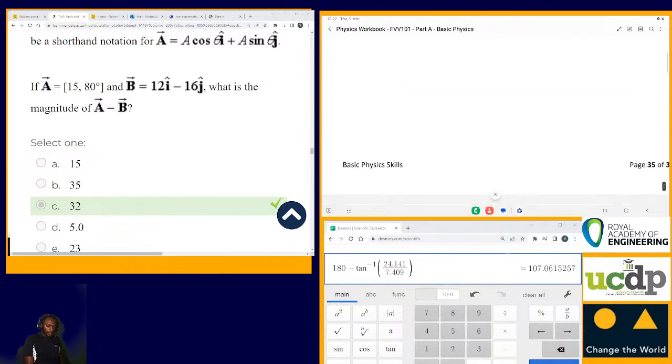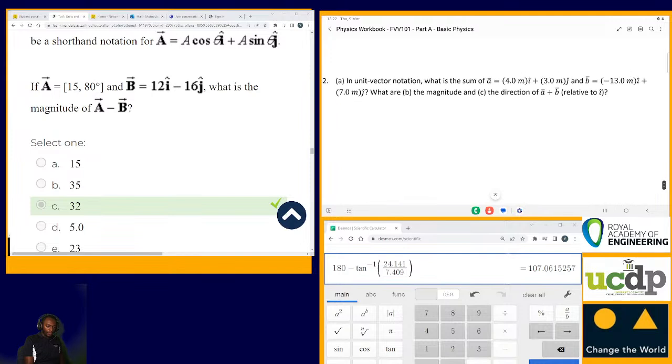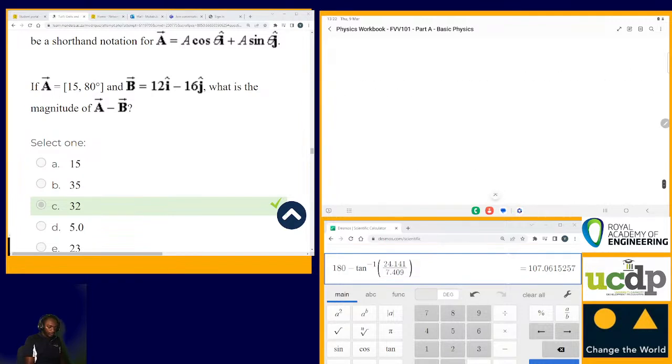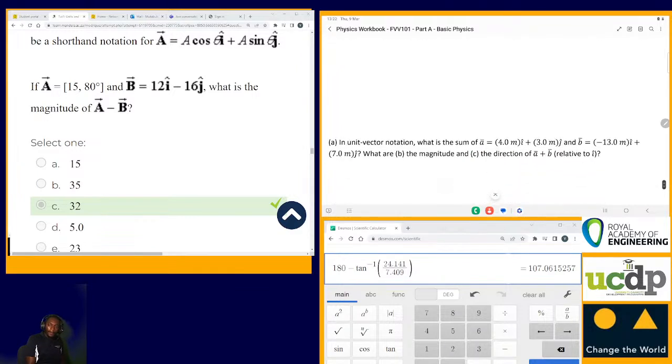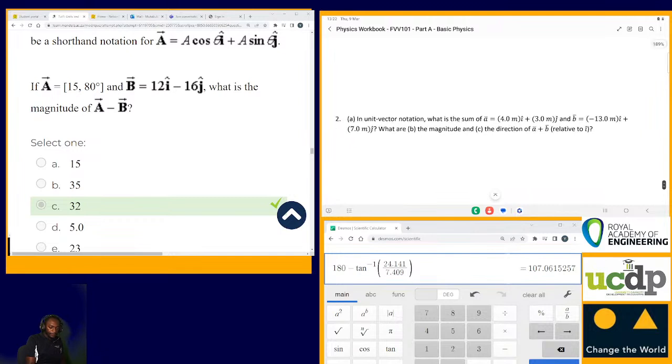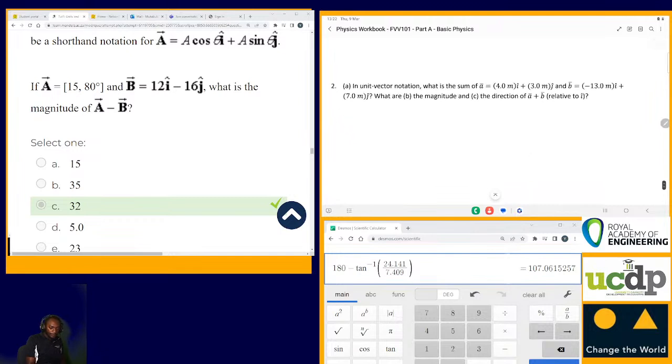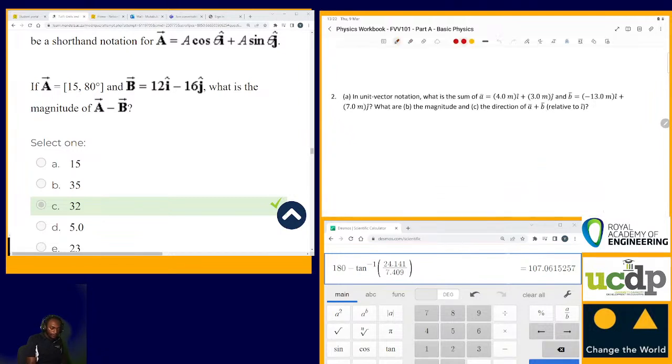So we can start with this question 2. Let's read through the question. It says we've got vector A and we've got vector B in the I and J direction.